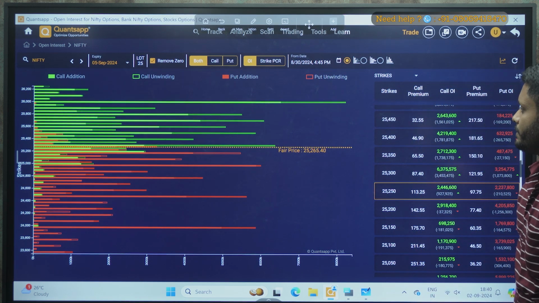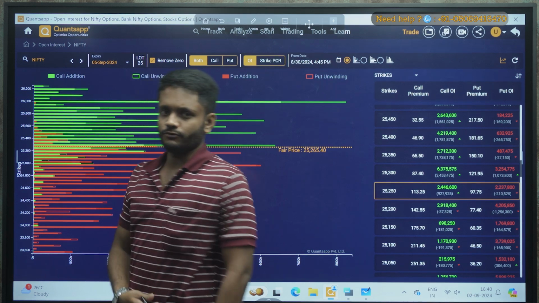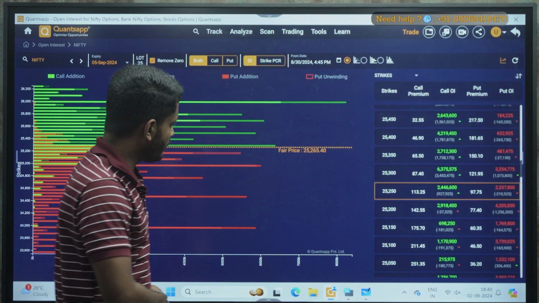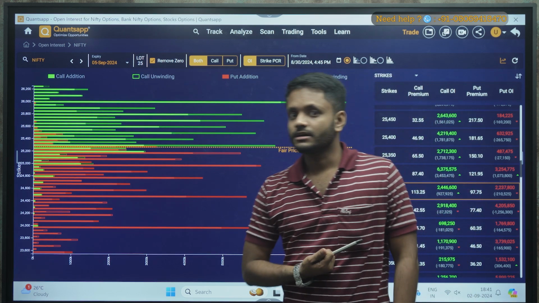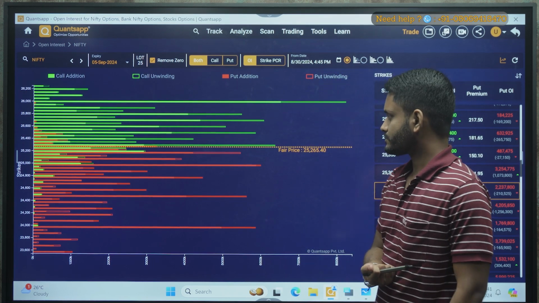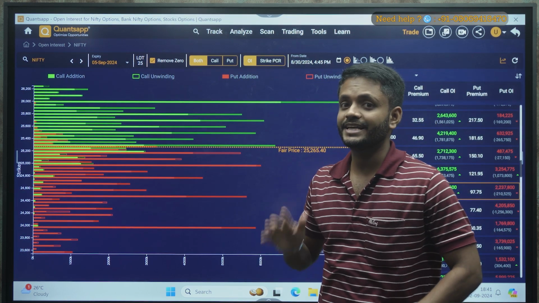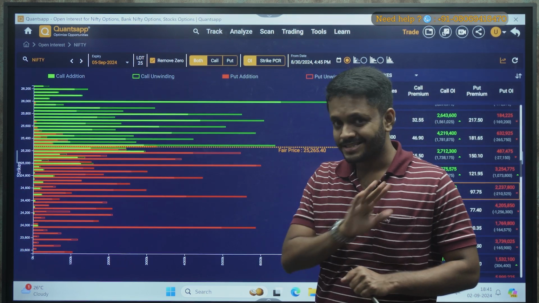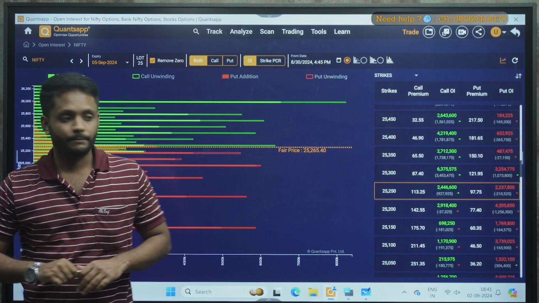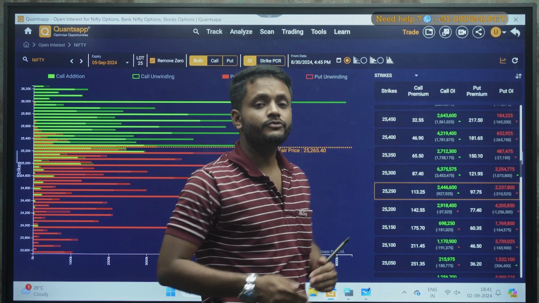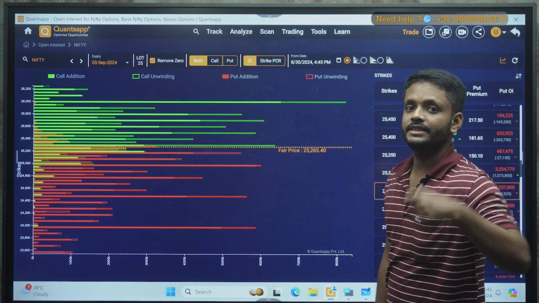Now most of the people might be having a doubt about what is fair price. We know what is future, we know what is options, but what is fair price? What is the immediate underlying for an option? That is futures, correct? But for options we have a weekly expiry, but do we have a weekly expiry for futures? The answer is no, we don't have any weekly expiry for futures. So if futures had a weekly expiry, what would have been the price?